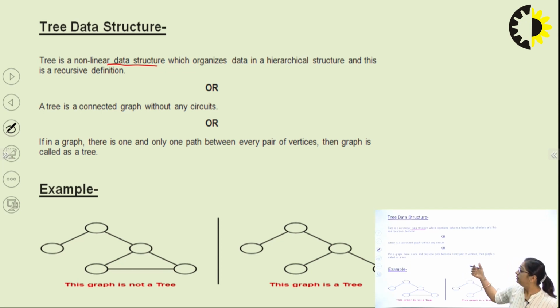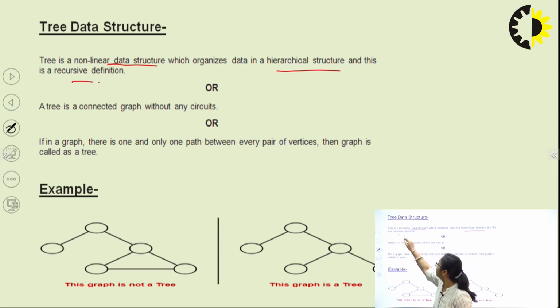A tree is a non-linear data structure which organizes data in a hierarchical structure. This is the advantage of the non-linear data structure: you can store the data in a hierarchical structure, and this is a recursive definition of the tree.